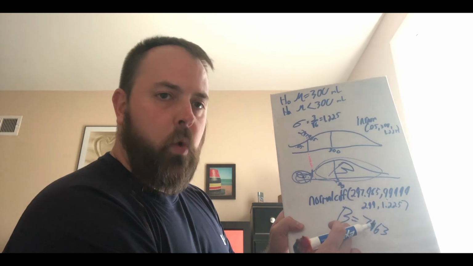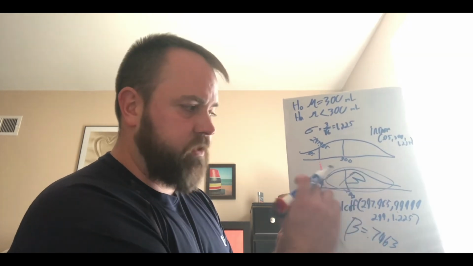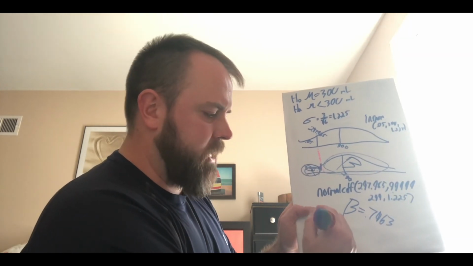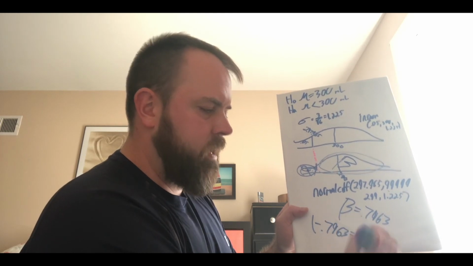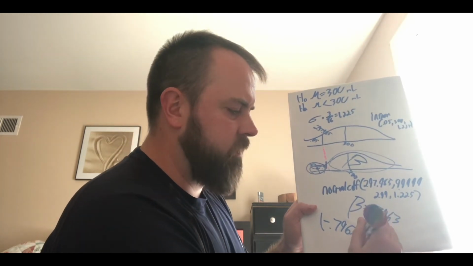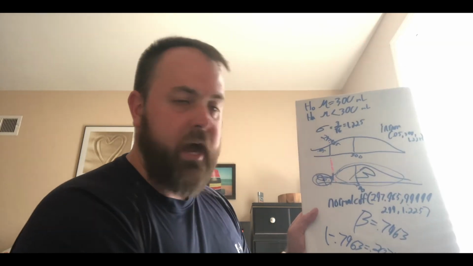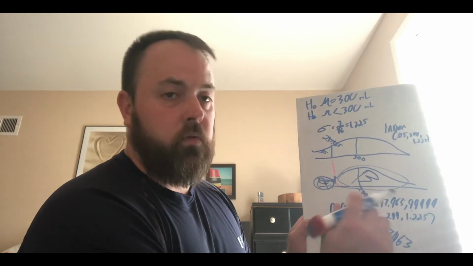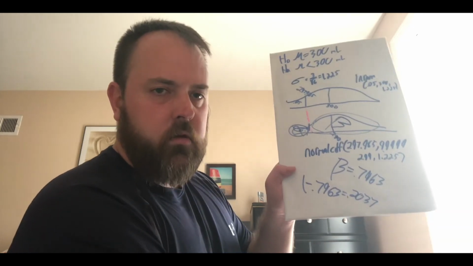So we can do 1 minus beta to find that. It's just a complement here. So 1 minus 0.7963, and that ends up being 0.2037 as our power.